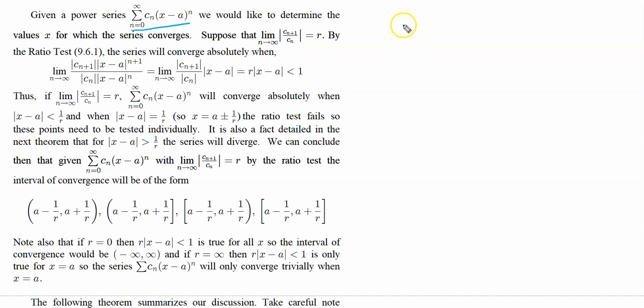Now, recall this from the ratio test. If we're given a series like this, recall that this series will converge absolutely if the limit as n goes to infinity of the absolute value of a_(n+1) over a_n is less than 1, then we will have convergence.